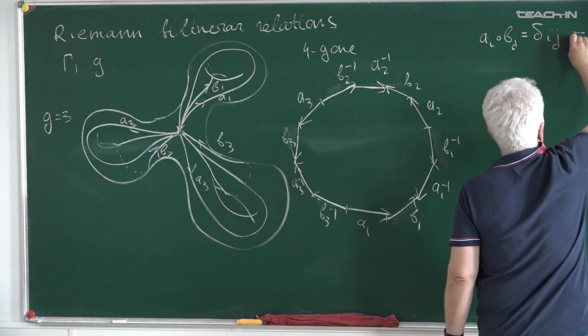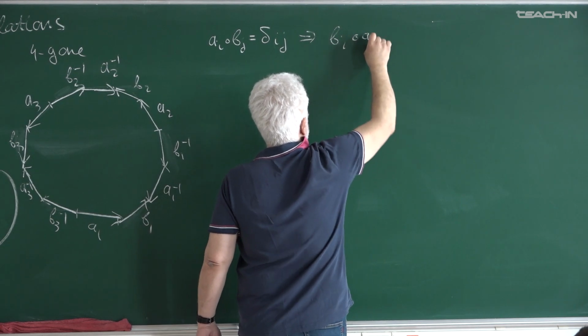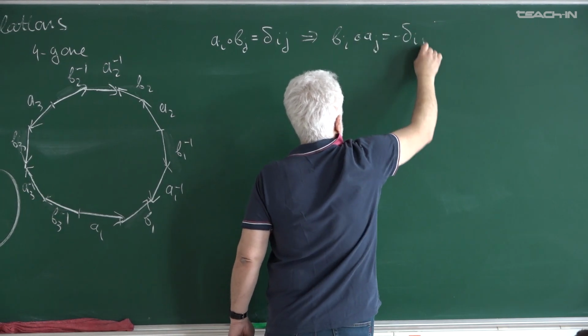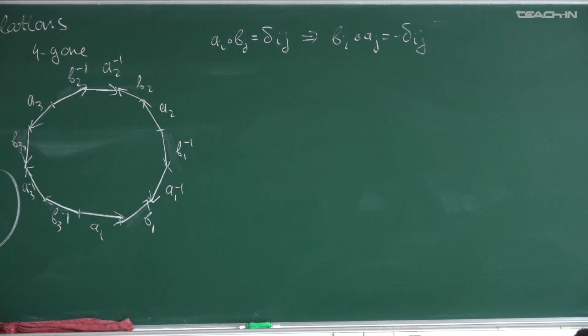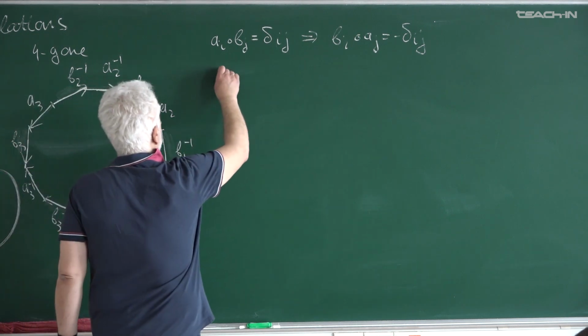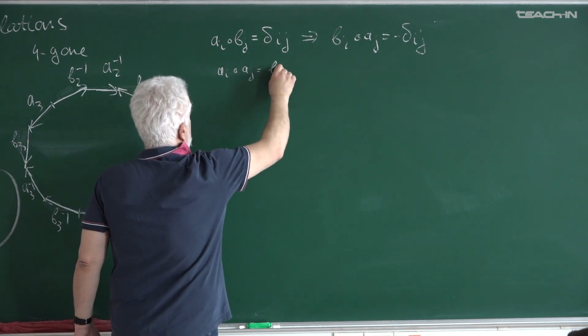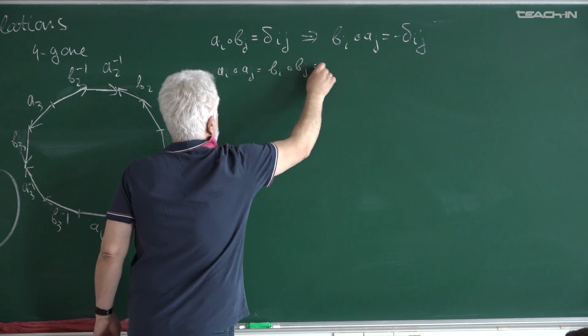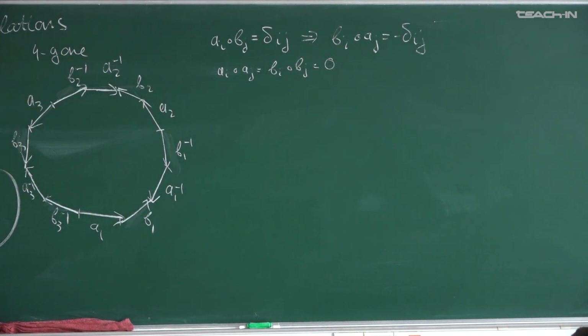Aj, and of course the corollary, Bi. Aj is minus delta ij, of course. But it's a corollary, I don't write it. The intersection form is symplectic, is skew-symmetric. And Ai with Aj is 0. Such a basis of cycles is called canonical.